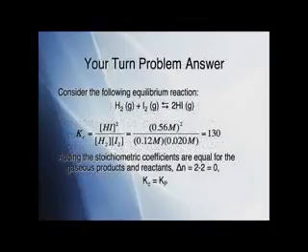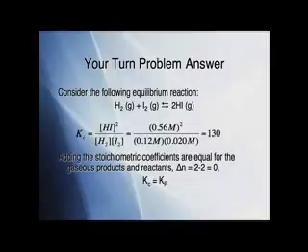Welcome back. Let's see how you did. The most important thing you can do when solving any equilibrium problem is to write the equilibrium constant expression. Here, because you're given the concentrations in moles per liter rather than pressures, we'll write this as Kc, and it's equal to the concentration of hydrogen iodide squared divided by the concentration of hydrogen times the concentration of iodine.